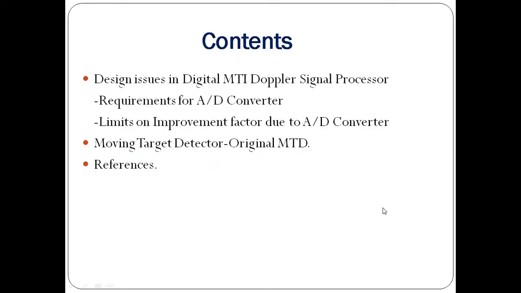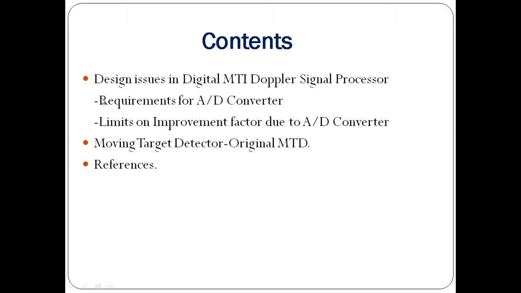The contents which are planned for today's presentation include the design issues in the digital MTI Doppler signal processor. In the previous lecture we talked about the digital MTI Doppler signal processor block diagram description. So today we are going to talk about some of the design issues related to that.